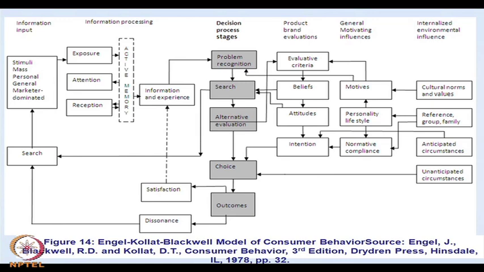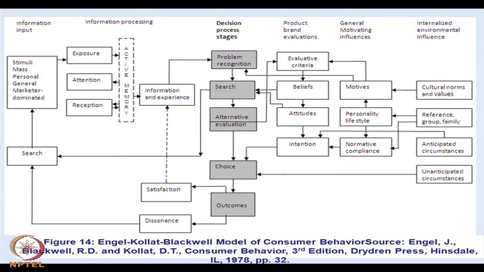This leads to the fourth and the fifth stage, which is the choice and purchase, which majorly gets impacted by individual differences. Could be motives, could be personality, could be lifestyle, could be other psychographic components. It also gets affected by normative compliance, meaning compliance to social norms and social approval, and also gets impacted by anticipated and unanticipated circumstances.